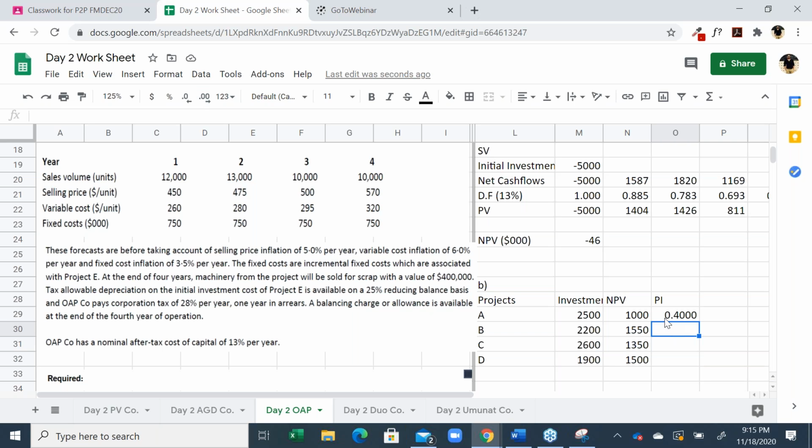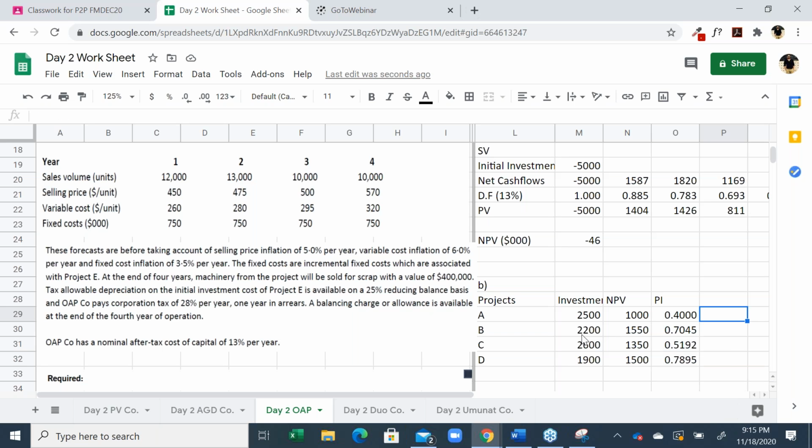So it means that if we invest $1 in project A, we will be able to get $0.4 of NPV. Similarly, if we invest the same $1 in project B, we will be getting $0.7045 of NPV. And let's calculate all. So these are per dollar net present values. Right? So these are per dollar NPVs of each project.